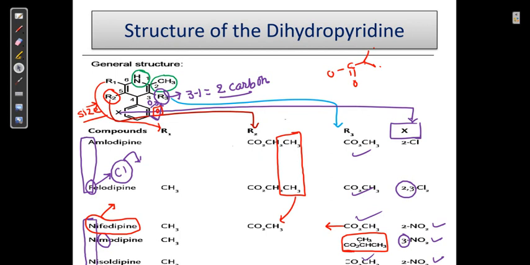So nimodipine is at the meta position, so we require a size and a specialized treatment. In that case, we have used 3 carbon. From here to here, they have used plus 1 carbon, plus 1 carbon. That is 4 carbon with oxygen.